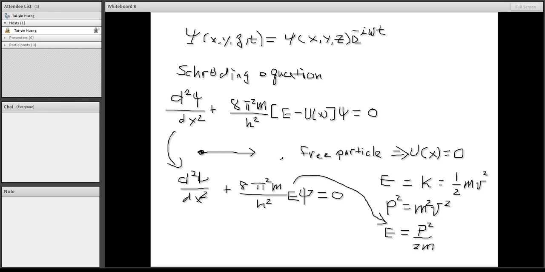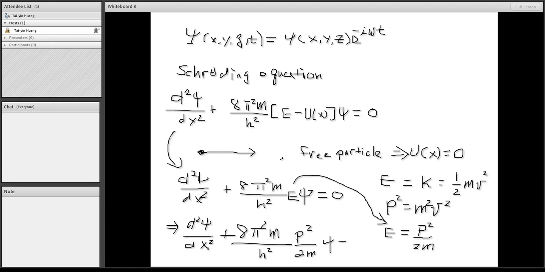So then what we have here is d squared psi dx squared, plus a times pi squared times mass over h squared, and then your E is represented by p squared over 2m, times psi, and the whole thing is 0.